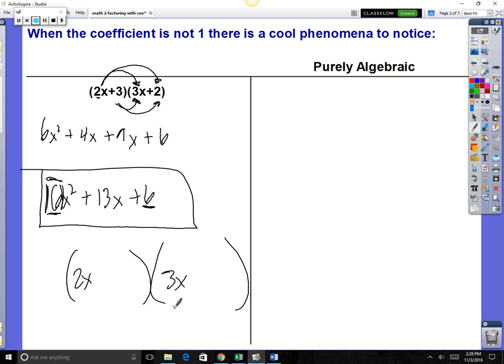The order of this stuff starts to get tricky because the 2x has to go with the 3 and the 3x has to go with the 2, and thank goodness everything's positive. So anyway, hopefully you get the picture. If it does not start with 1, it's tricky, and there's a lot of ways you can arrange pieces.